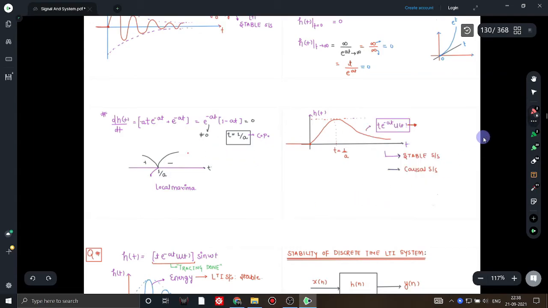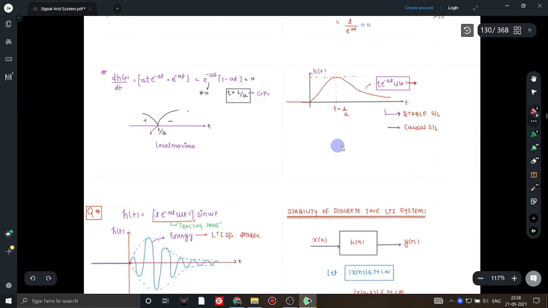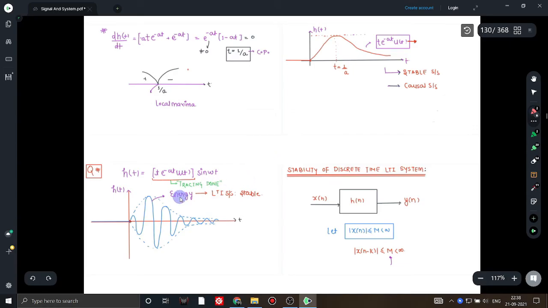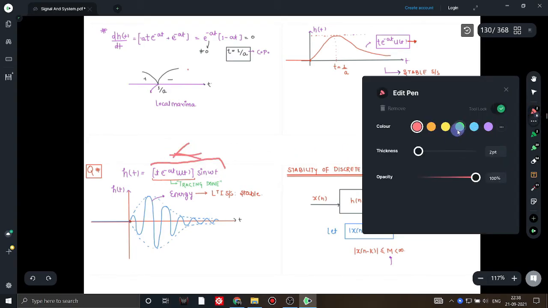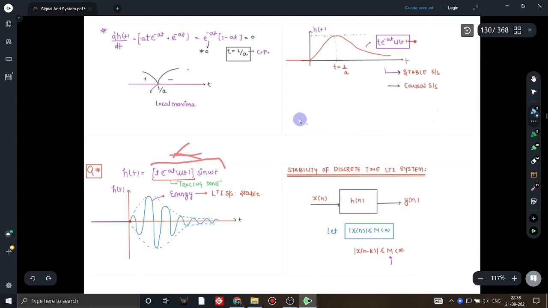Okay, tracing done. So now we want to draw the graph of this function. Let me change the color first. I think this blue one is okay.